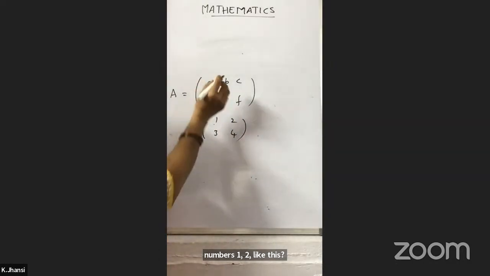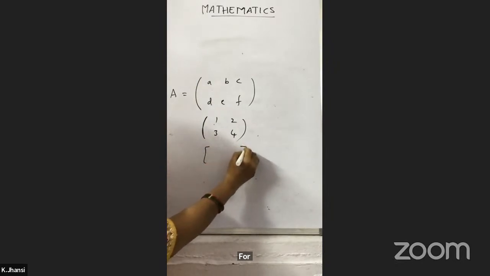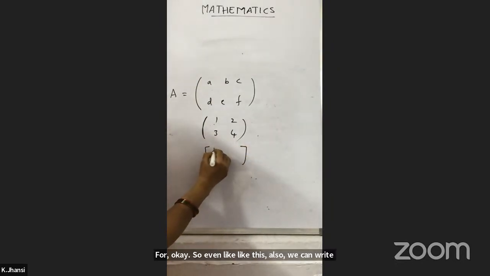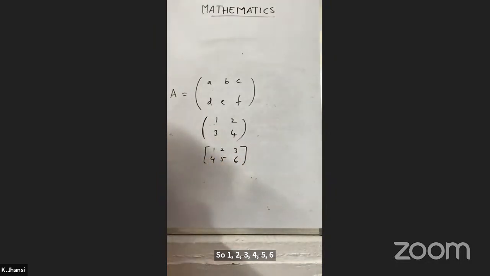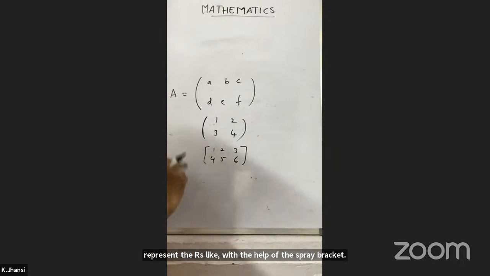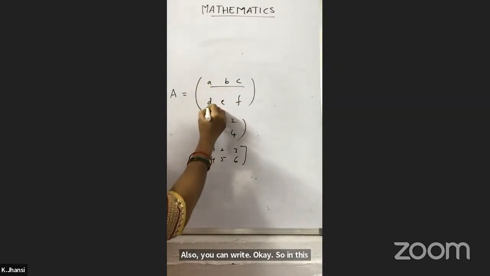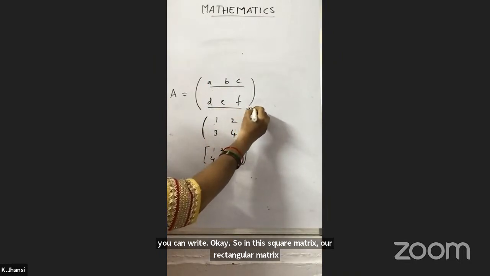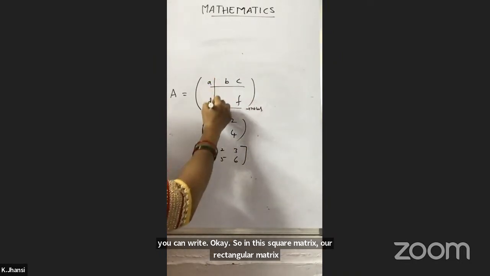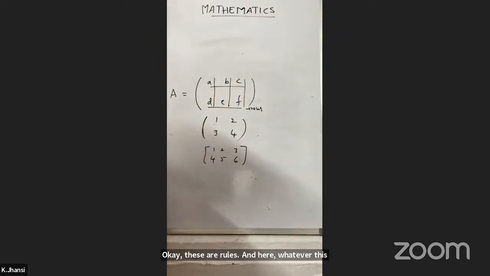So even like this also we can write: 1, 2, 3, 4, 5, 6. Okay. So like this you can represent, or else with the help of square brackets also you can write. Okay. So in this square matrix or rectangular matrix, these are called rows. Okay, these are rows. And here whatever this vertical ones are there, these are called columns.